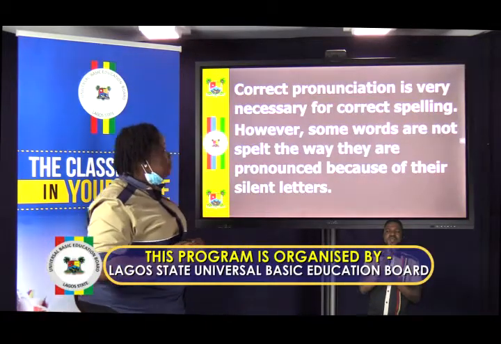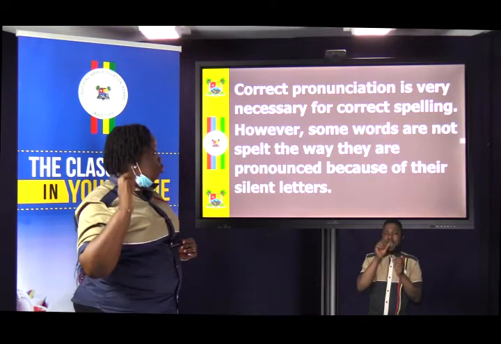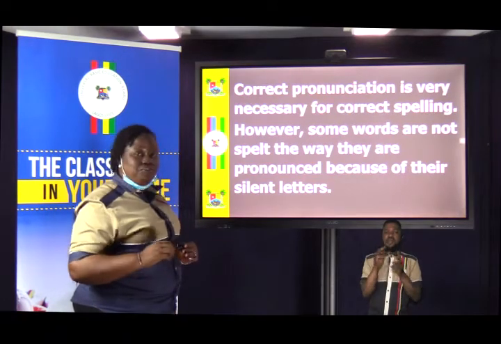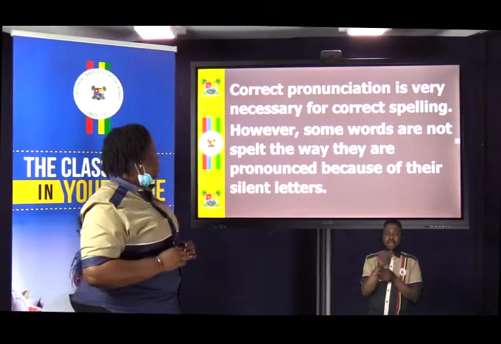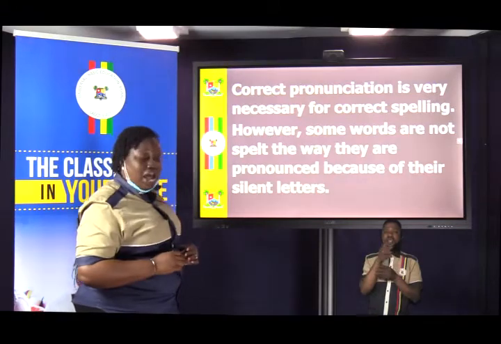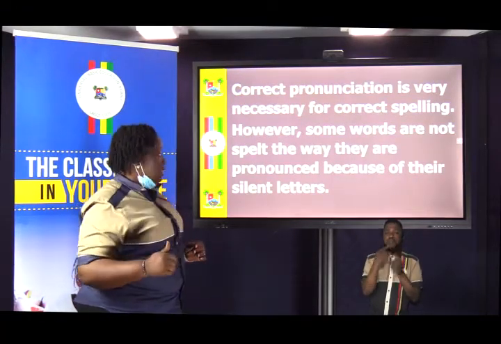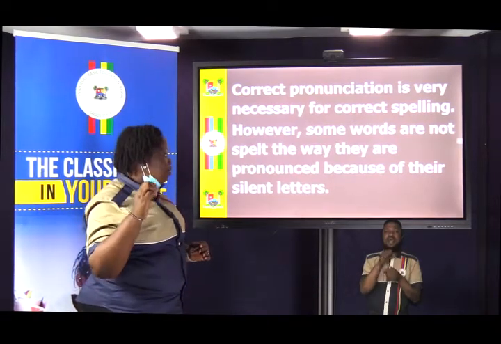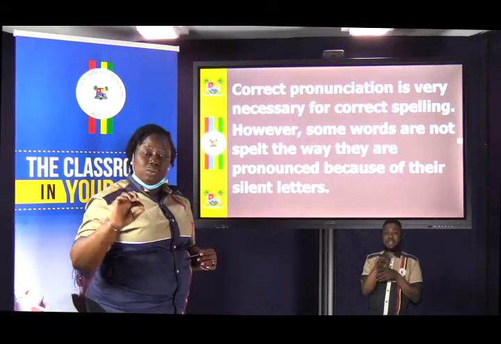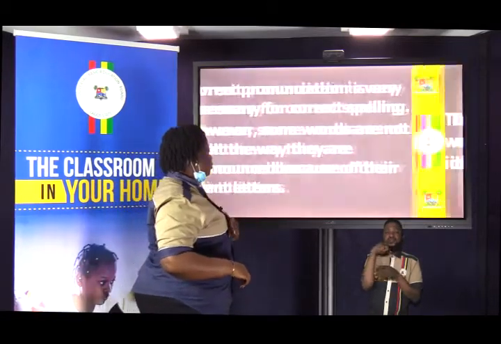Correct pronunciation is very necessary for correct spelling. For you to be able to spell words correctly, correct pronunciation is very important. However, some words are not spelled the way they are pronounced because of their silent letters. You cannot spell them the way they are pronounced because there are some letters in those words that are silent in pronunciation.